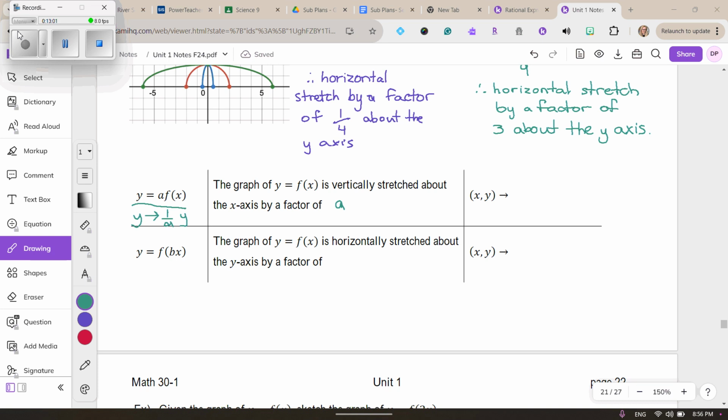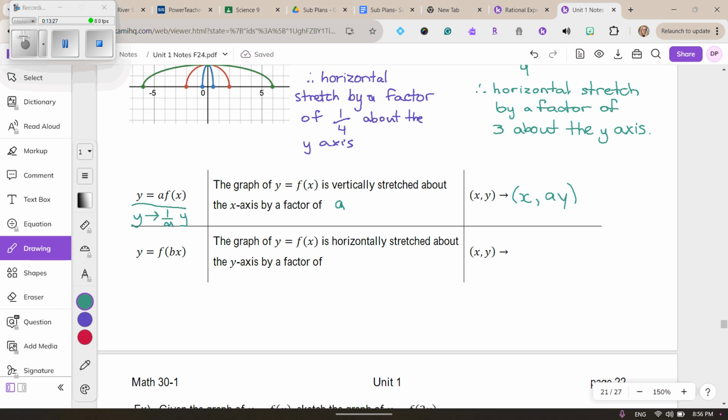For our mapping notation, it is going to stay similar to how it did with our translations, which means that it's the opposite of our replacement notation. So our x is going to stay the same. Our y is going to be multiplied by a.